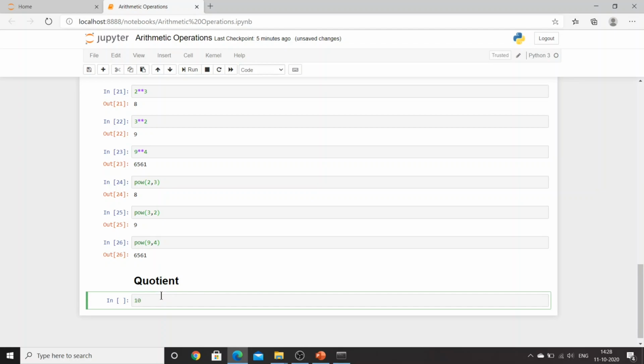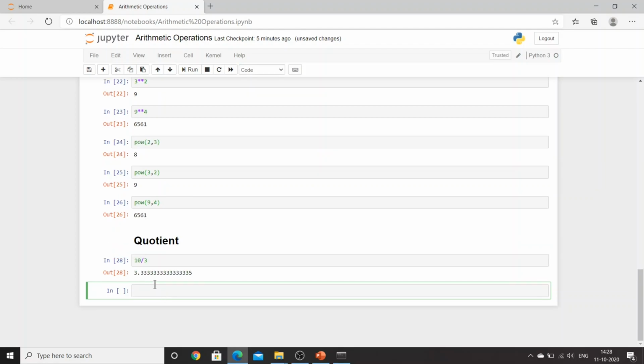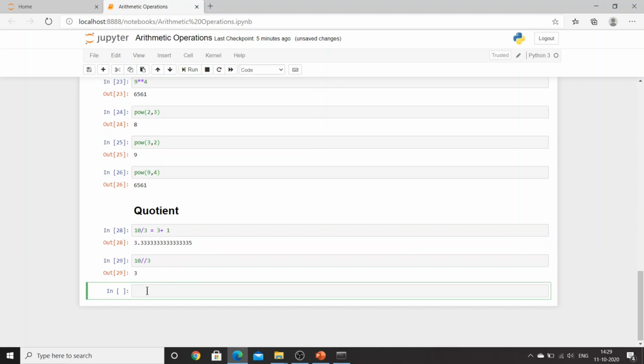When I'm dividing 10 by 3, you'll get 3.333. What I want is, when dividing 10 by 3, I get a quotient of 3 plus a remainder of 1, right? So I just want this 3 part. So I'll say 10, double slashes, 3. You'll get 3.